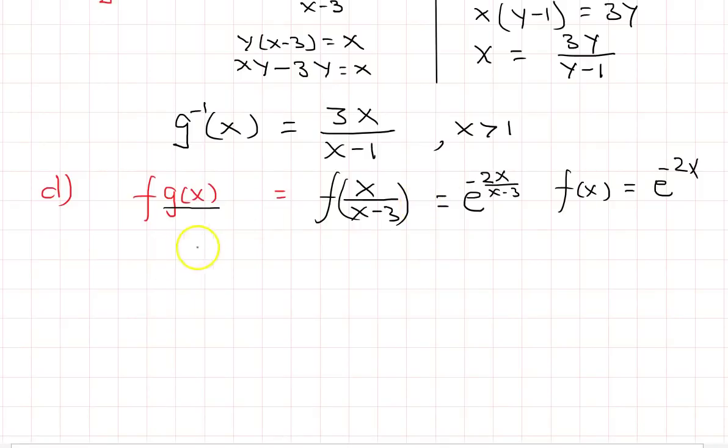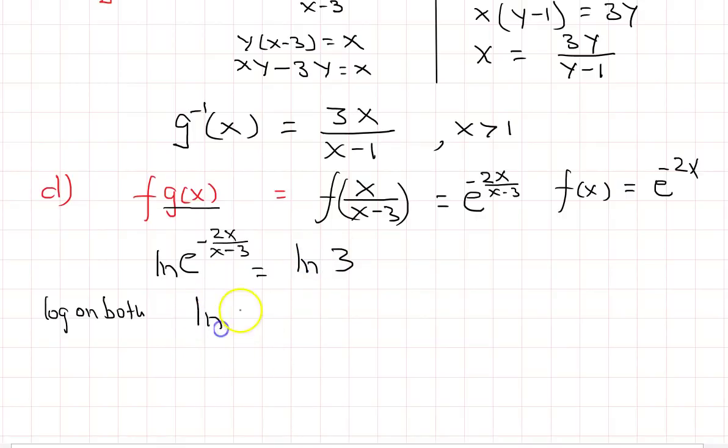Now it's given that it is equal to 3. So e to the power minus 2x over x minus 3 is equal to 3. Let's take log on both sides. This is ln, so it will be ln 3.